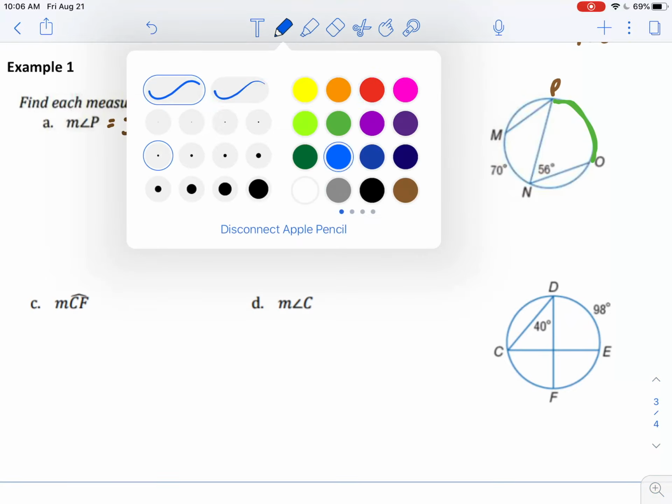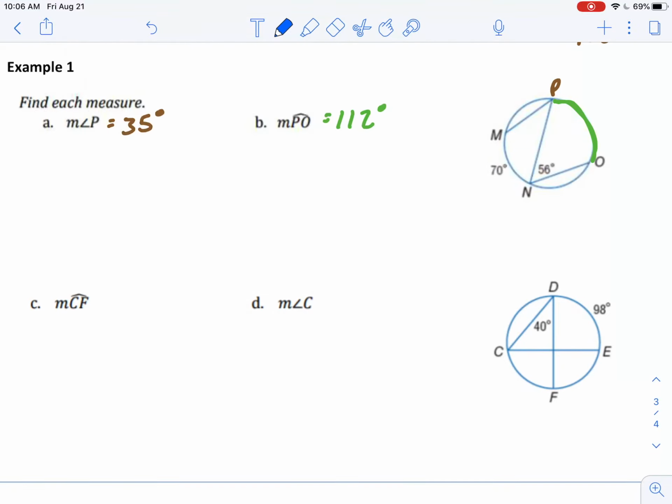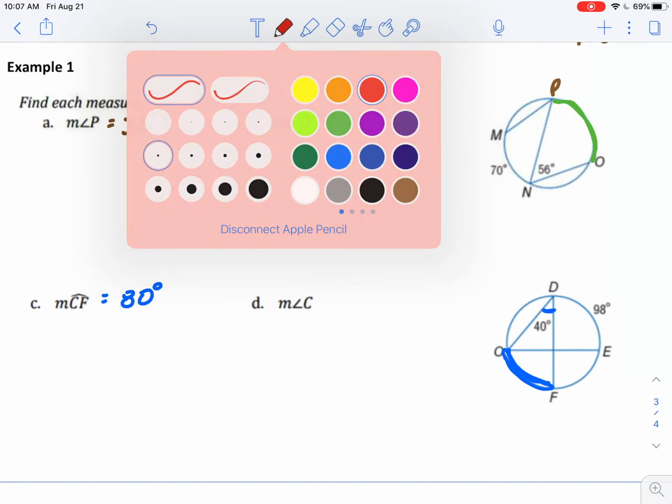Okay, this is arc CF. Where am I? Over here. Arc CF. Oh boy, now I got a problem here. Got a lot of stuff going on. Oh, okay. So this arc is opposite this inscribed angle, so it will be double that 40 degrees, which is 80 degrees.